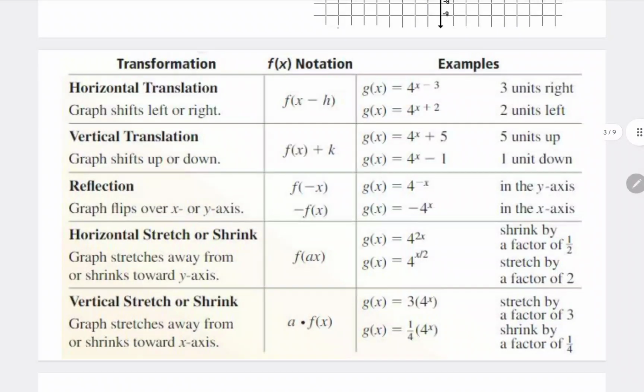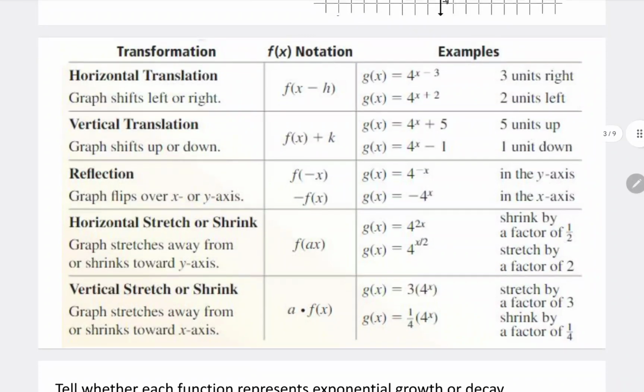So transformations are the same idea for all functions, whether it's linear, absolute value, quadratic, cubic, or square root functions. So for exponential functions, if we're adding or subtracting to the x value, that's what moves the function right or left.